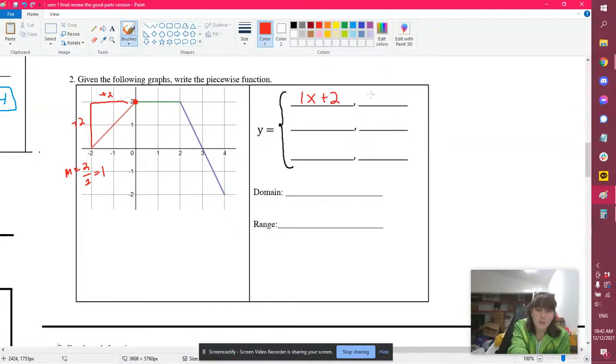And my domain are the leftmost x and the rightmost x of my equation, which means from negative 2 to 0. Because this point is at negative 2 for x, and this point is at 0 for x. I'm going to include both of these points.